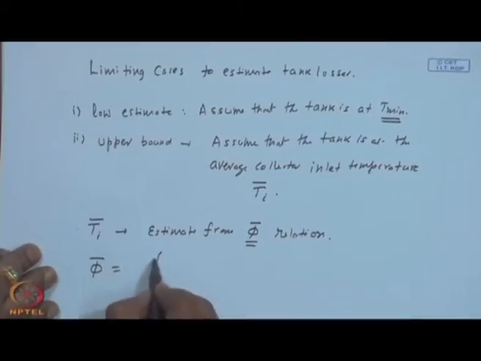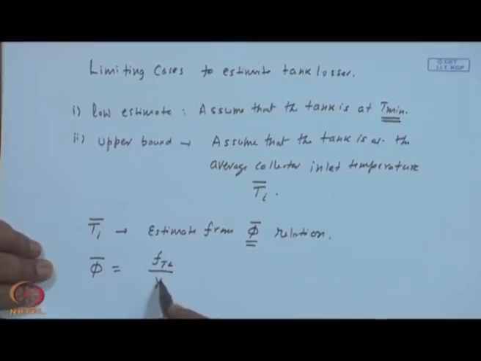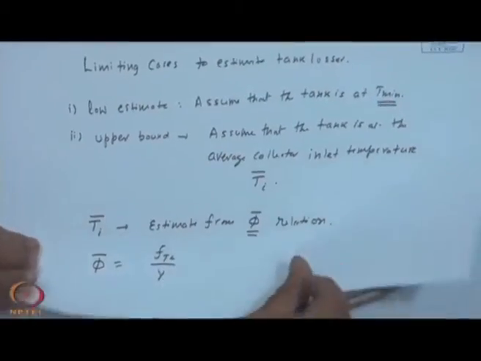It is essentially F T L upon Y. In other words, if Y is the non-dimensional absorbed energy and F T L is the load fraction that includes the tank losses, then that corresponds to some sort of a phi bar Y equal to F T L. As I was telling, phi bar max into Y is the maximum solar load fraction. So, some average utilizability multiplied by Y should be my solar load fraction with the tank losses.